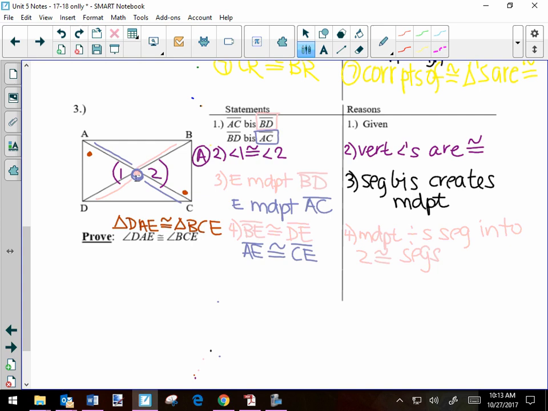So if I take a look now at what I really have, I have angles 1 and 2 congruent to each other. That's a set of angles. And then in line 4, I have a set of sides with the pink ones and a set of sides with the purple ones, which means I really have 3 pieces of information. And now I can say that those triangles are actually congruent.